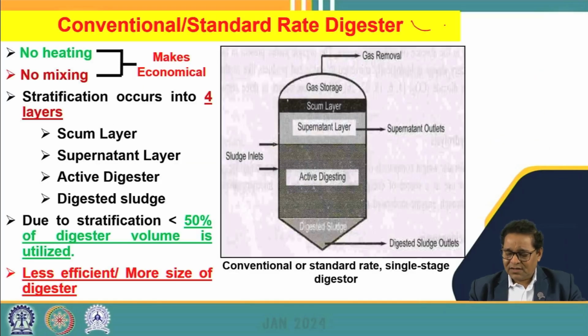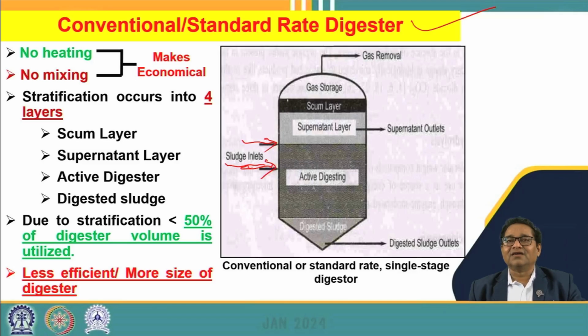This is the conventional type of digester, which we also call a standard rate digester. Here the sludge is inserted through these sludge inlets. This is a tank where the sludge is taken in, and a group of bacteria act upon the organic fraction and start carrying out the digestion process.